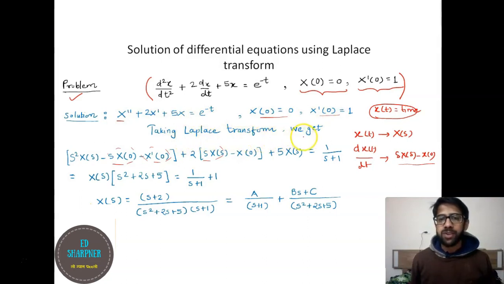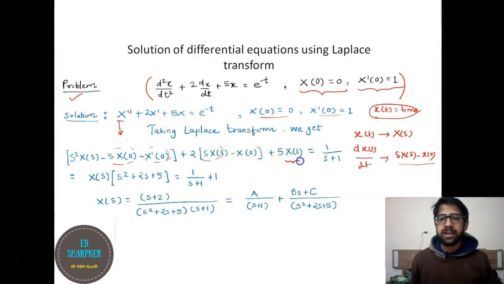Taking Laplace transform on both sides, we will get the Laplace transform of x double dash as s square x of s. As this is double differentiation, we will get s square, and then s into x of 0 minus x dash of 0, plus twice of s into x of s minus x of 0, plus 5 into x of s.